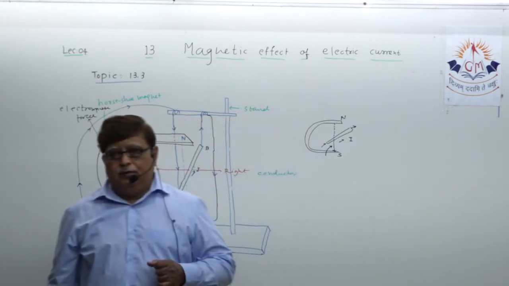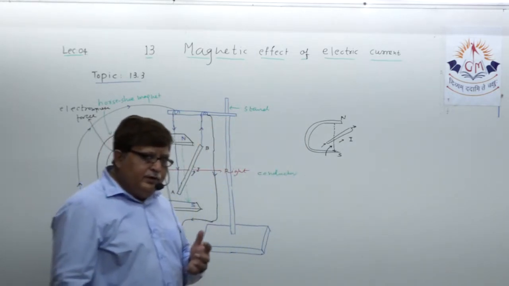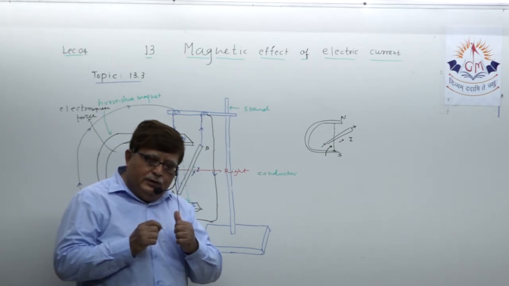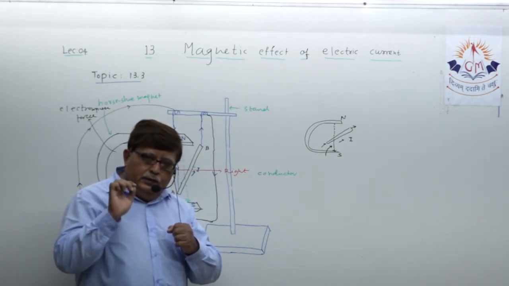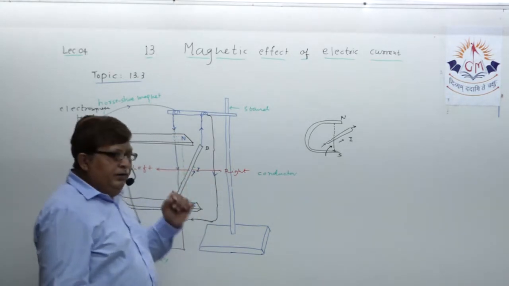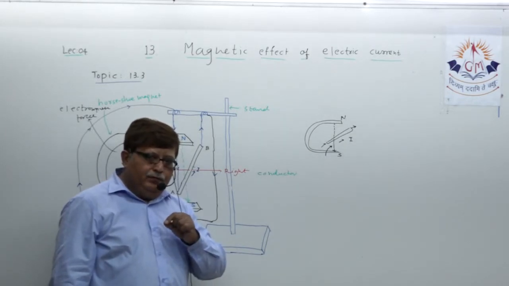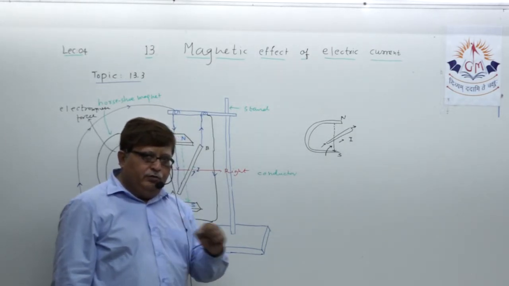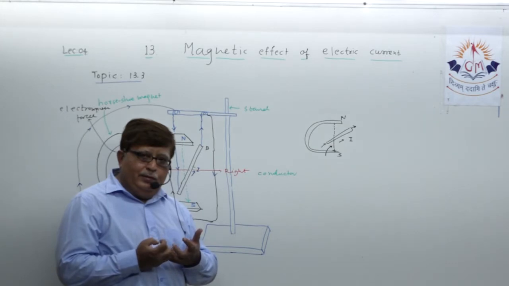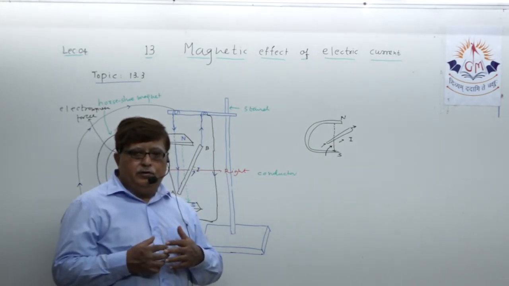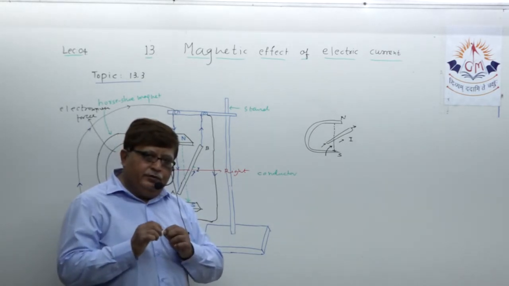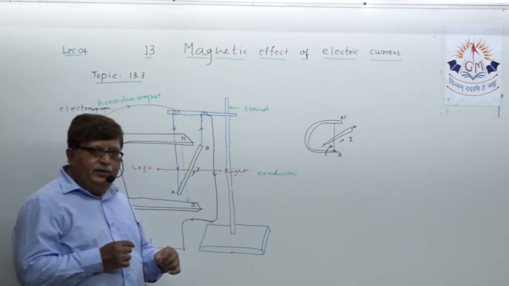You understood? Right? So our target in this experiment is to understand that whenever a conductor is kept inside a magnetic field, and if electric current is passed through it, then it experiences one particular type of force, which we call electromagnetic force, generated by the interaction between electric current and magnetism.